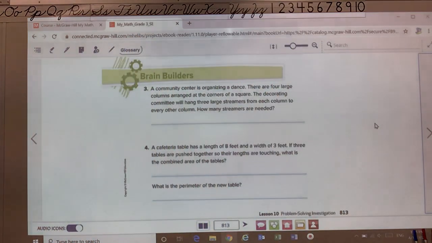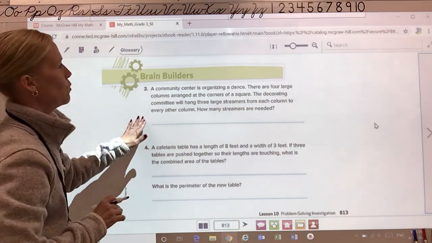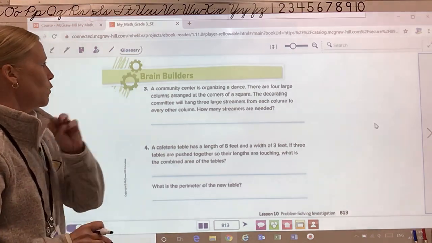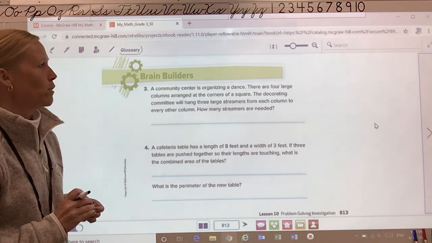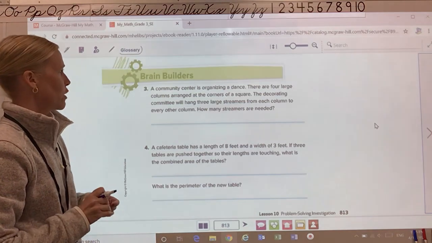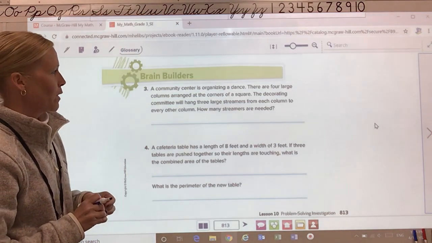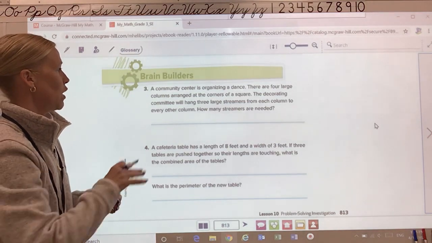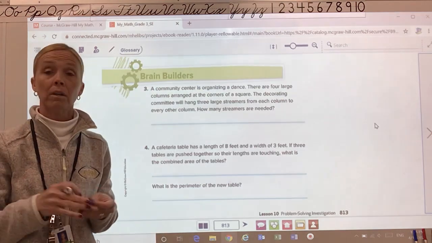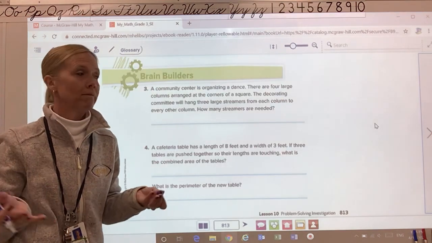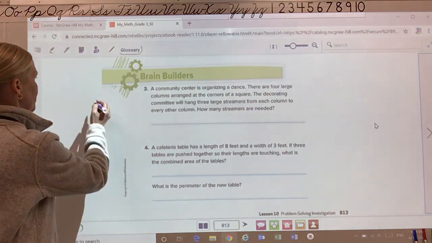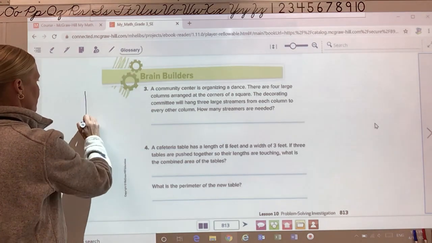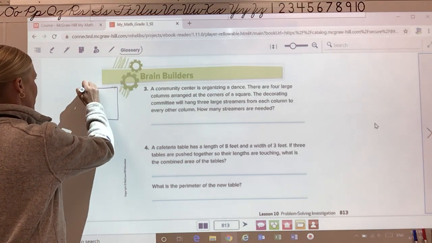All right. A community center is organizing a dance. There are 4 large columns arranged at the corners of a square. The decorating committee will hang 3 large streamers from each column to every other column. How many streamers are needed? Let's draw our picture. Now this time we have a square. Okay?